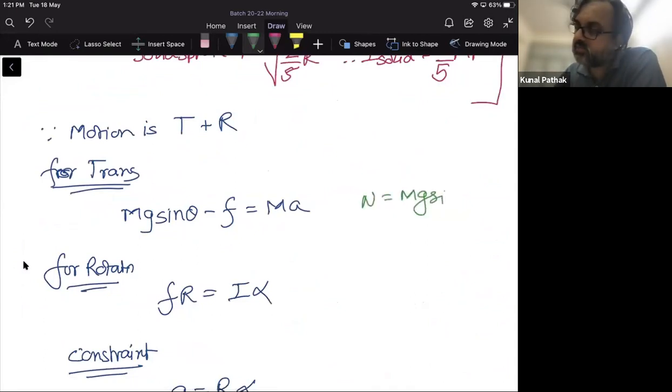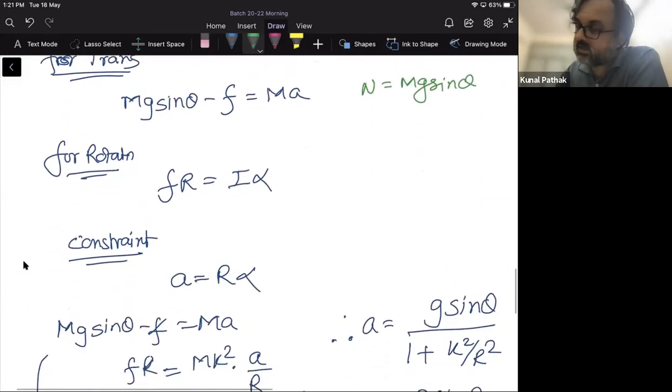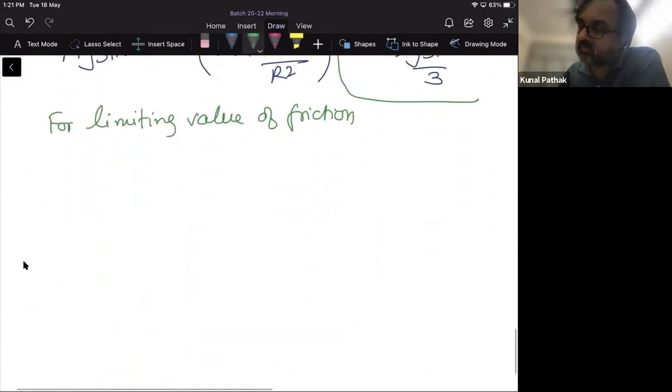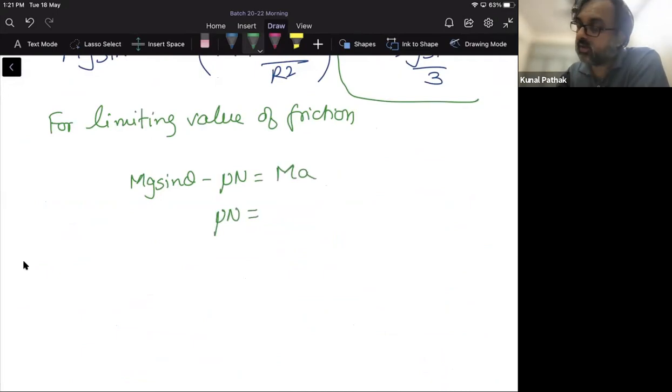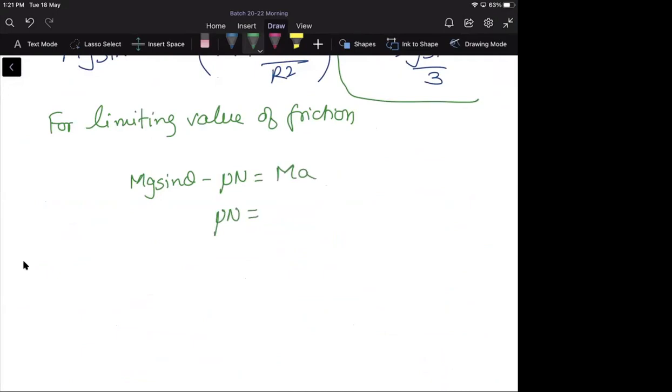Except for the fact that for translation, now you are going to get N is equal to mg cos theta. So basically the equations that we are writing now will be mg sin theta minus mu N is equal to ma, right? And mu N will be equal to mu mg cos theta, right?